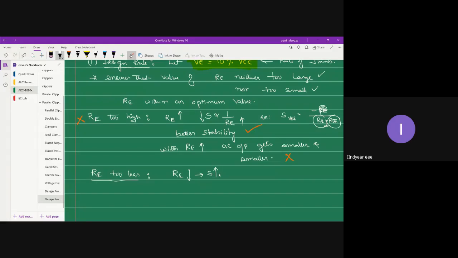If stability factor increases, stability degrades, which is objectionable, which is not desired in a biasing circuit. So your amplifier operation may get hampered due to the very low value of RE. But on the other hand, lower the value of RE, higher will be the AC output.